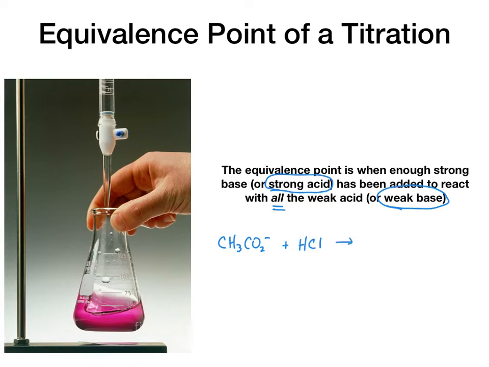This is a reaction that occurs, and the products of this reaction are acetic acid and chloride, because my HCl is my acid, my acetate is my base, and remember how base takes proton, creating acetic acid.